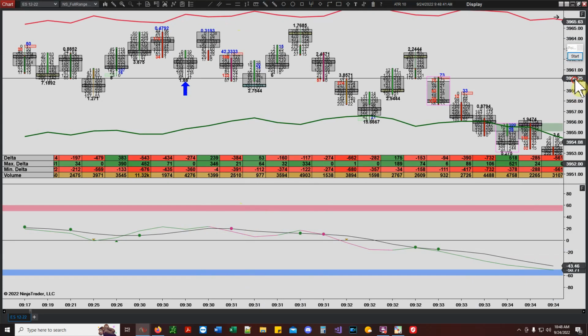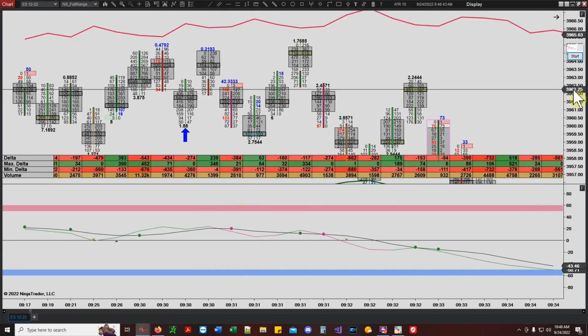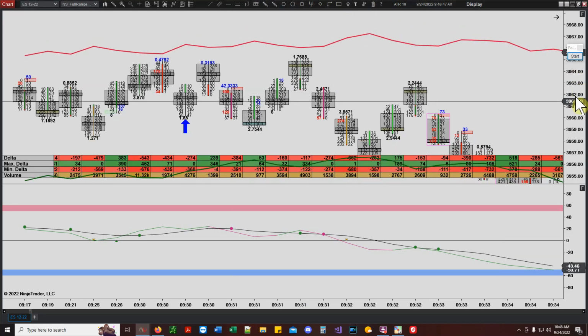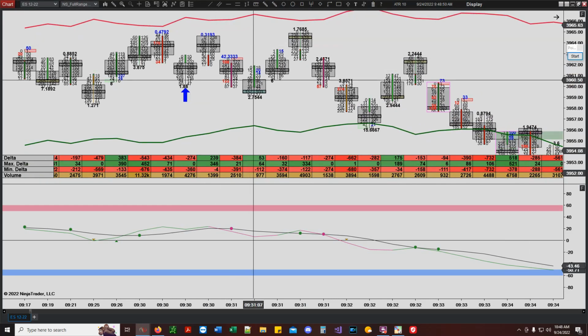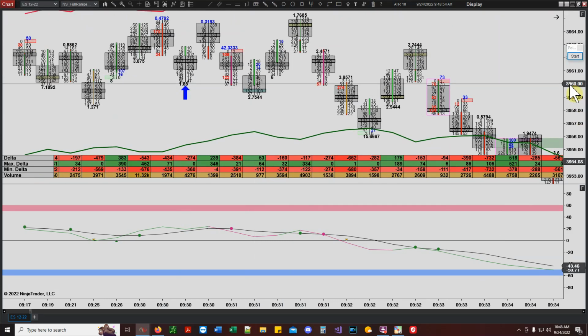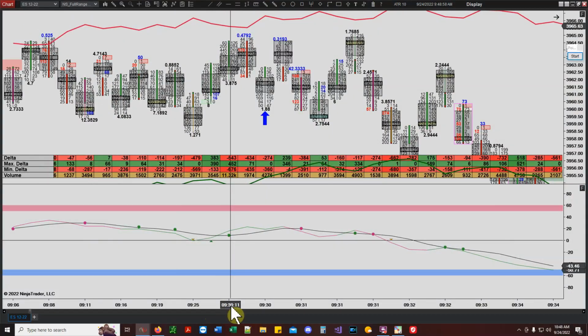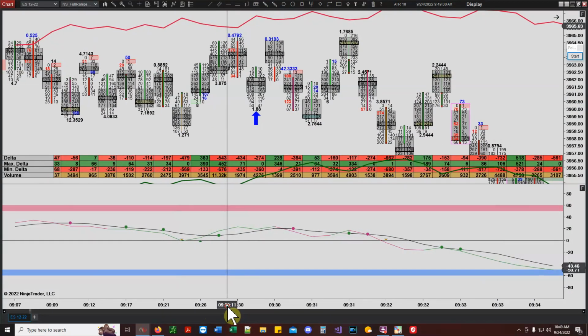The way I'm interpreting this, when it's in between these two bands, it's in a range. And a lot of order flow, from the way I'm interpreting it, is what you see.